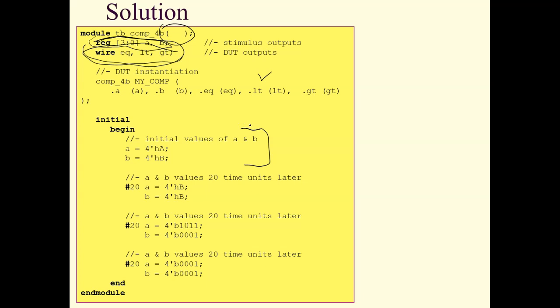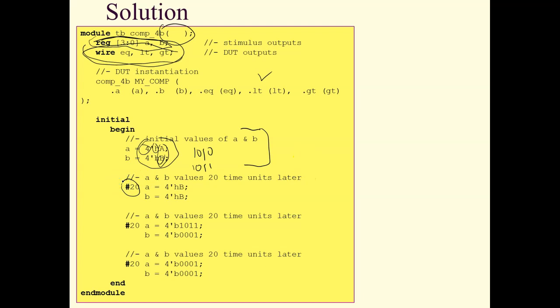It happens at time 0 because I don't see a delay there. What I've used here is hex notation. So it's 4 bits long, it's using hex, and I'm assigning A the value 1010, B is 1011, etc.